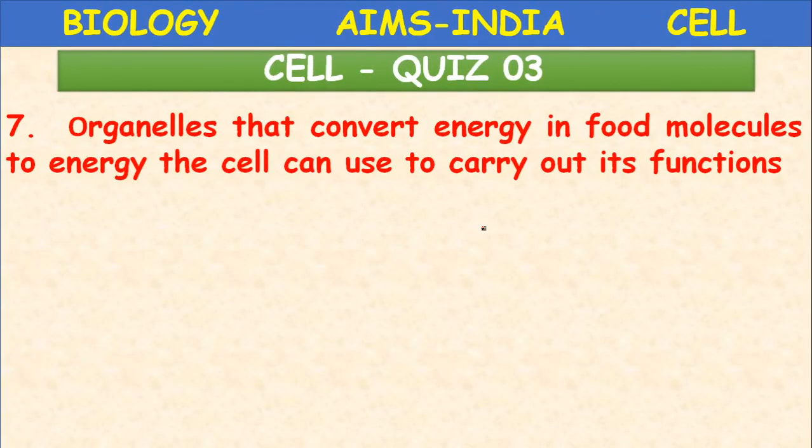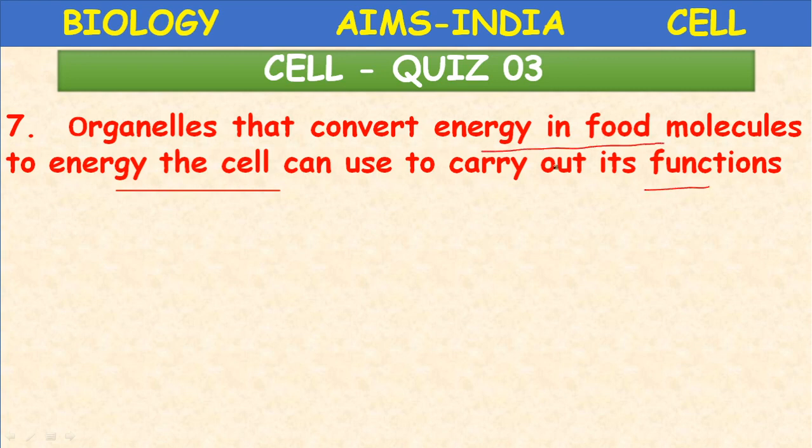Next. Organelles that convert energy in food molecules to energy the cell can use to carry out the functions. The energy present in the food molecules is converted into metabolic energy, we can call it.